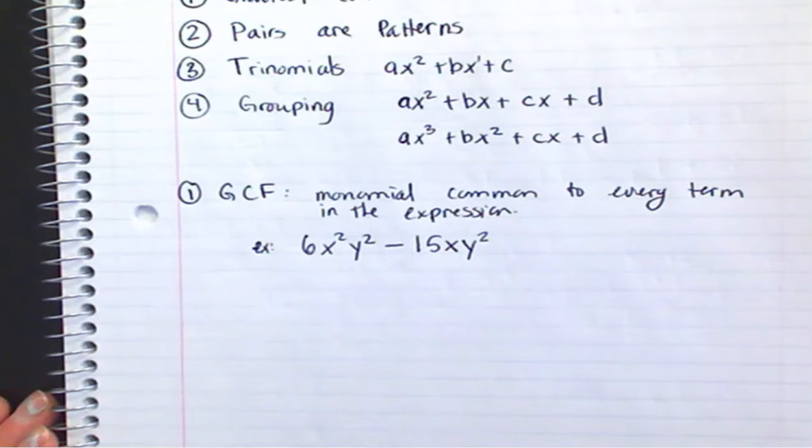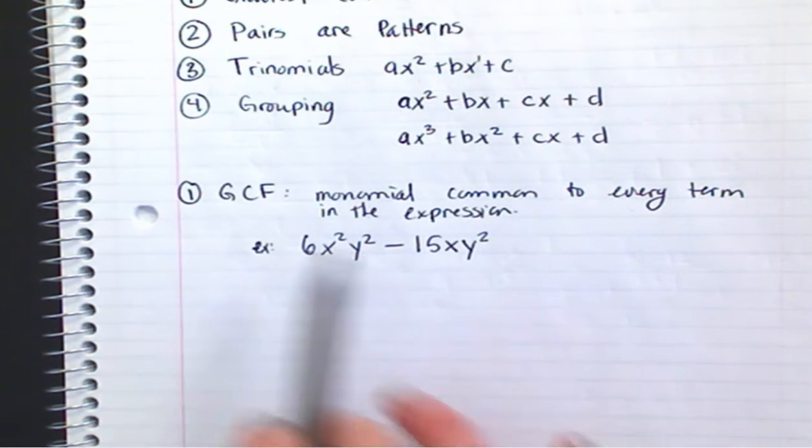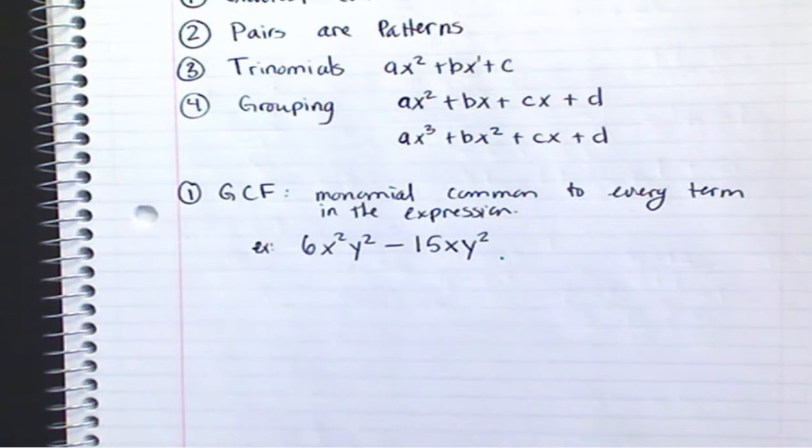Okay, that's my expression. It's not even a trinomial. Doesn't matter. Okay? A greatest common factor is what's common to both terms, numbers and letters.